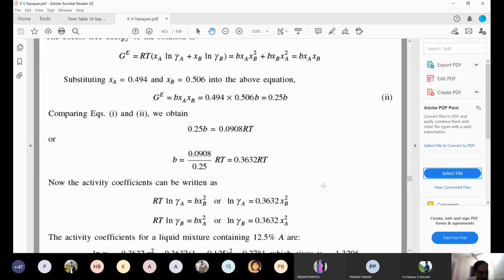We don't know the yi, right? So what we need to find out is the partial pressure, yi into P is equal to gamma A PAS into XA, right? And is PS given to us? PBS is given.